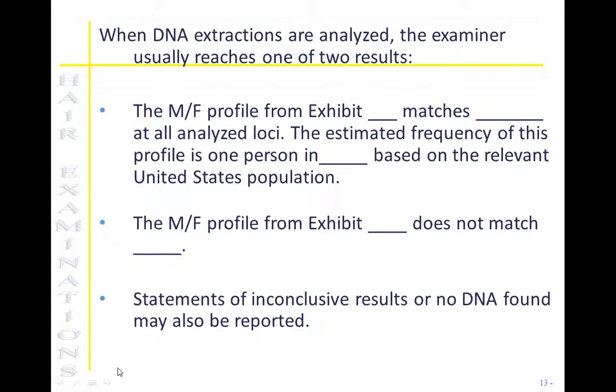When DNA extractions are done on a hair sample, the examiner can usually reach one of two results. They will first usually say whether or not the hair is from a male or a female, and then if the profile matches an exhibit, they will state that, and then also give a frequency of that profile based on the U.S. population.